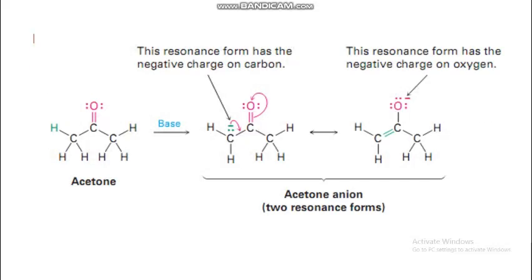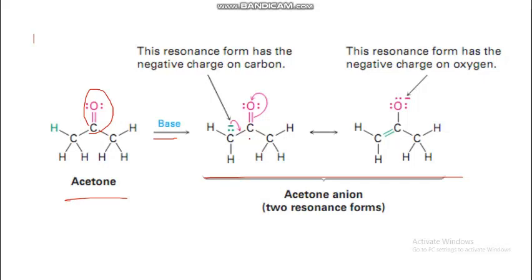So, as an example, let's have the acetone. So, in acetone, which contains a carbon-oxygen double bond, it can be converted into its anion when reacted with a strong base. Now, the resultant anion has two resonance forms.